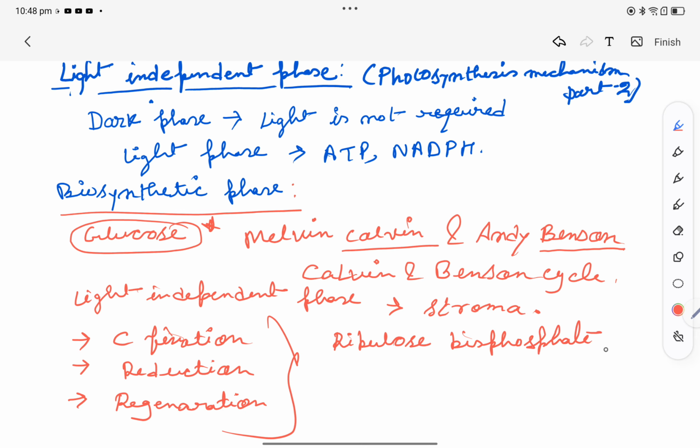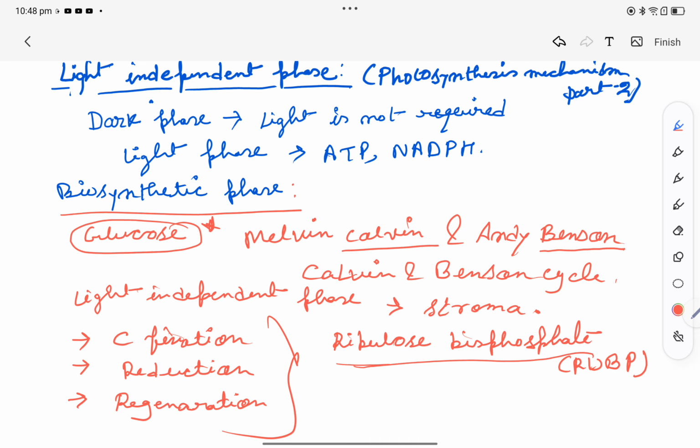The abbreviation is RuBP. Carbon dioxide enters the Calvin-Benson cycle by this RuBP, ribulose bisphosphate. It is a carbon dioxide acceptor compound.